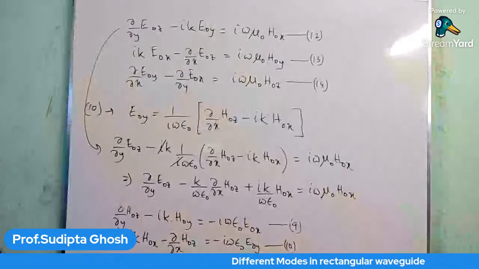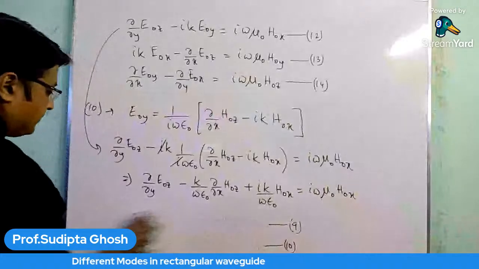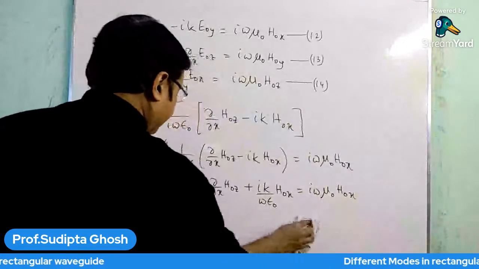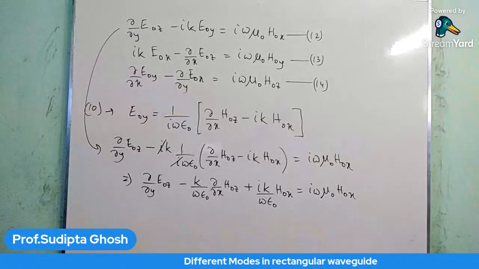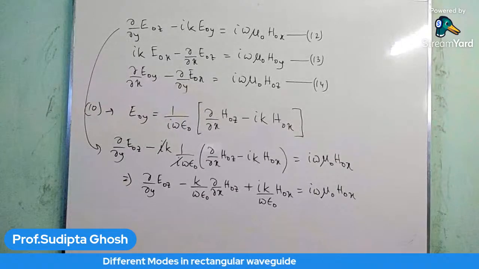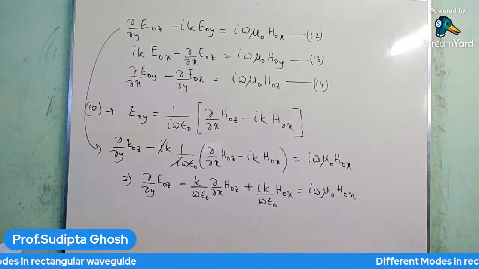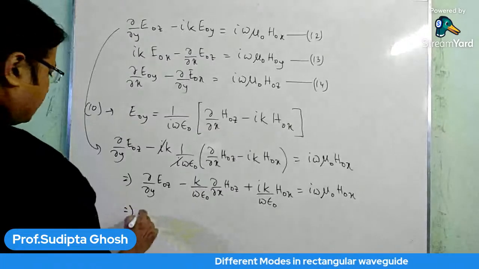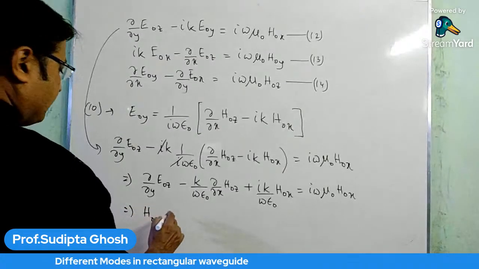Now I am going to omit these two equations, that is equation number 9 and 10. So to find out the value of HOX, take HOX common.